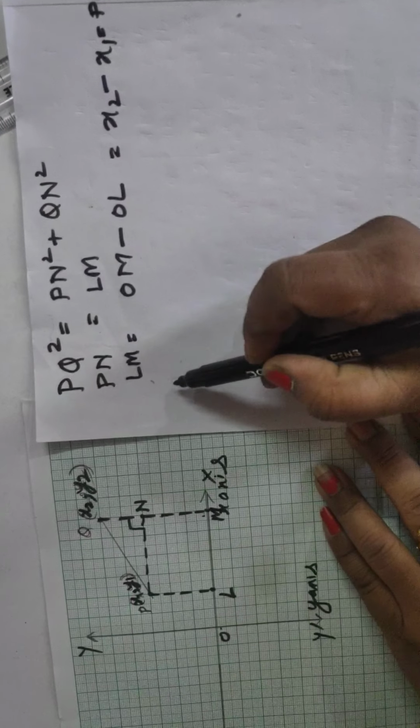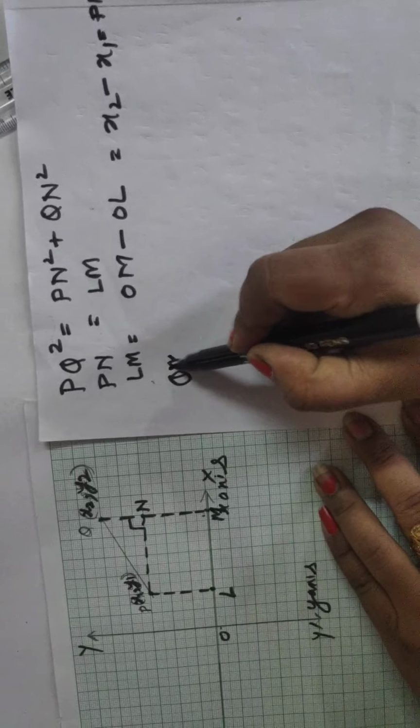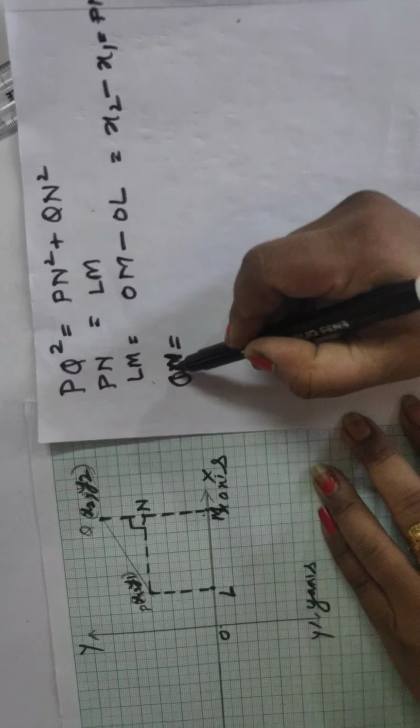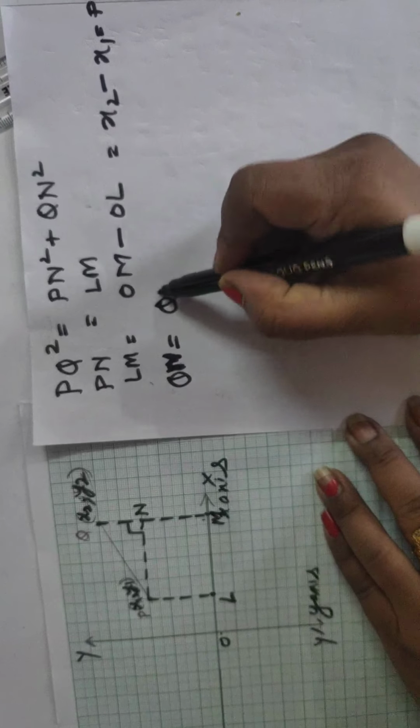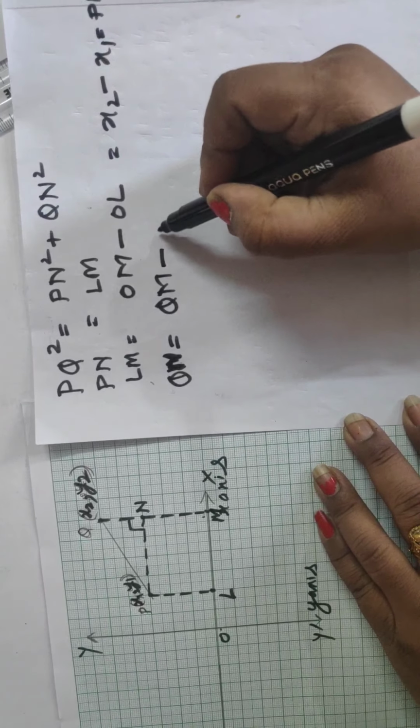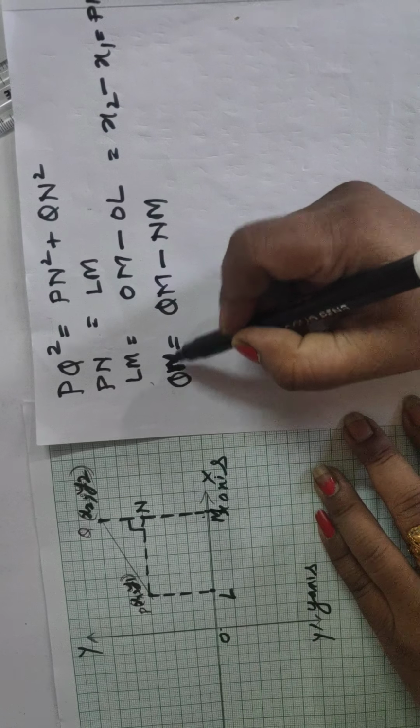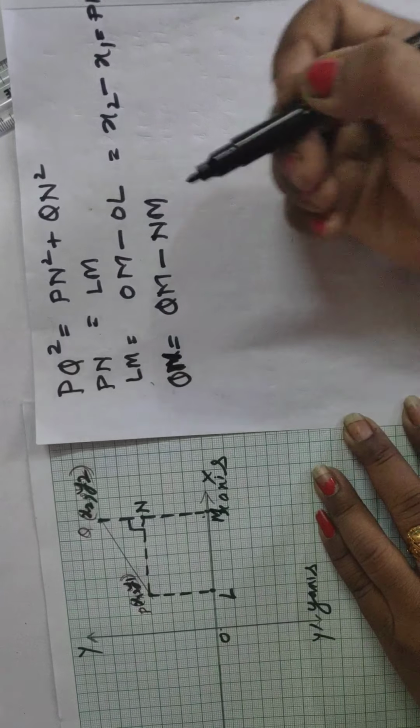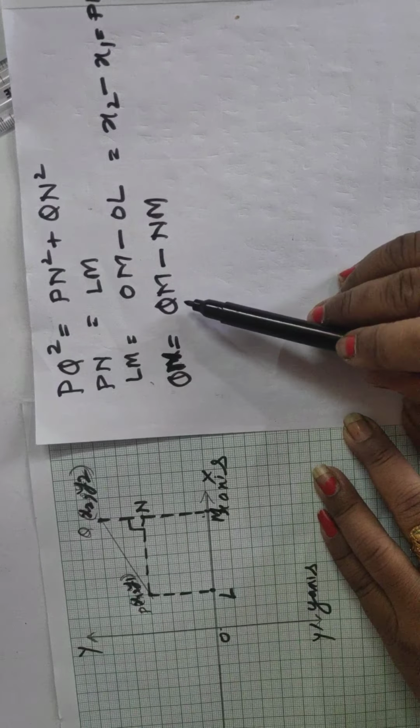QN is QM minus NM. Now NM is equal to PL. So QN is y2 minus NM, and NM, see here, is y1.